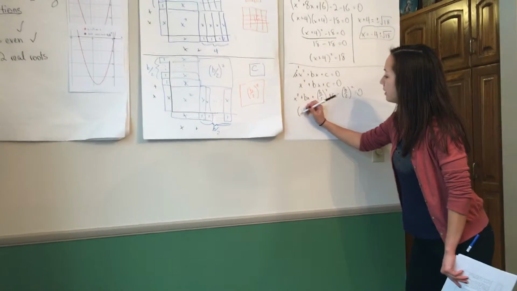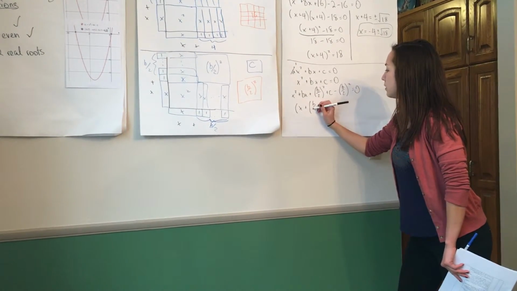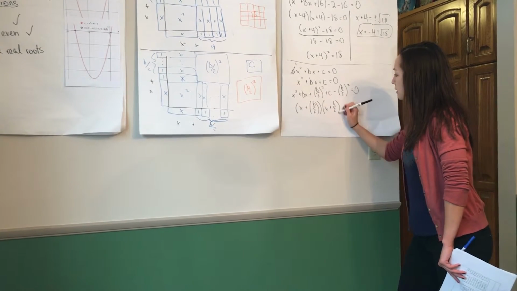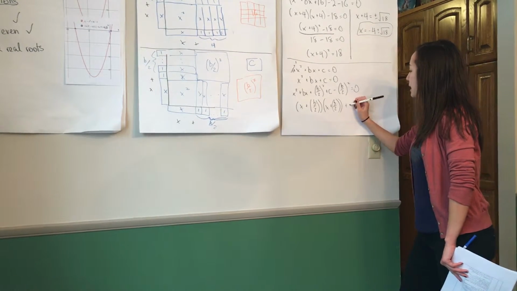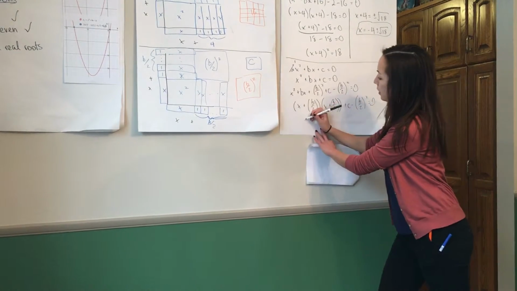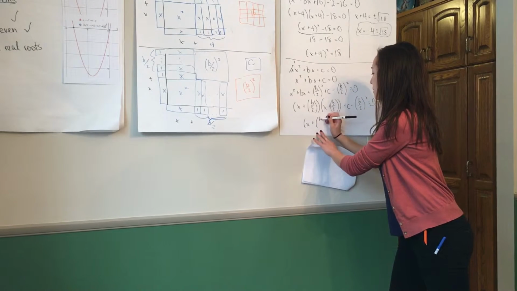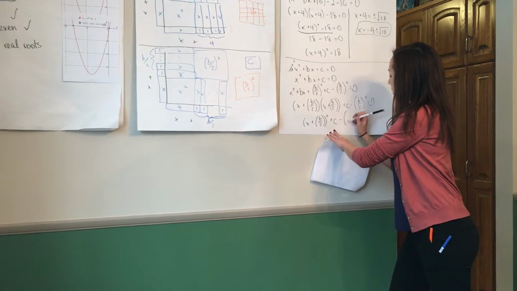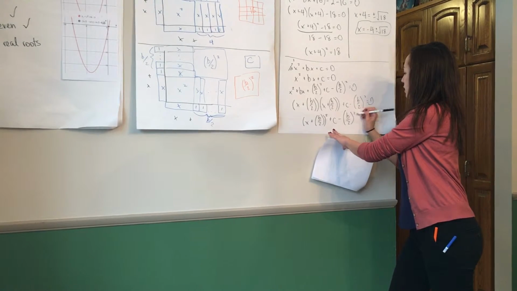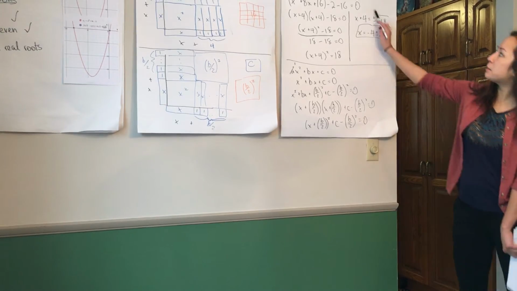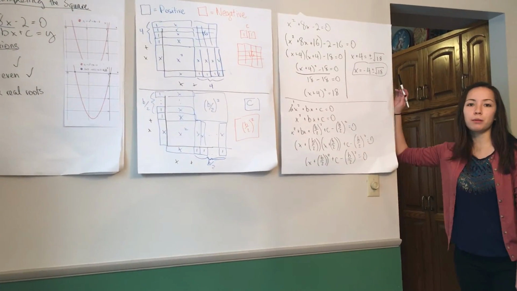So we have (x plus b over 2) times (x plus b over 2) plus c minus (b over 2) squared equals 0, or (x plus b over 2) squared plus c minus (b over 2) squared equals 0. And once you get here, you can solve just like we did before to get your x roots where y is equal to 0.